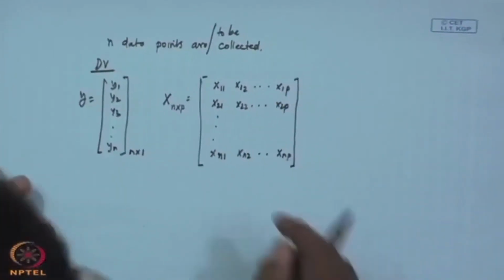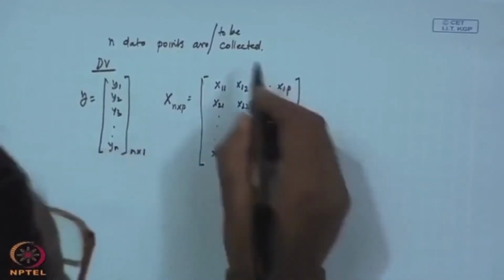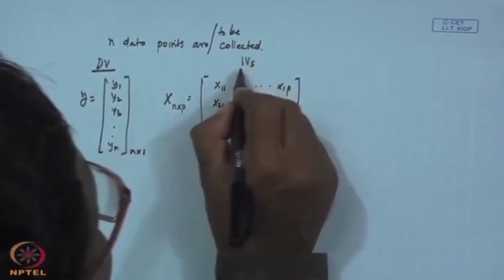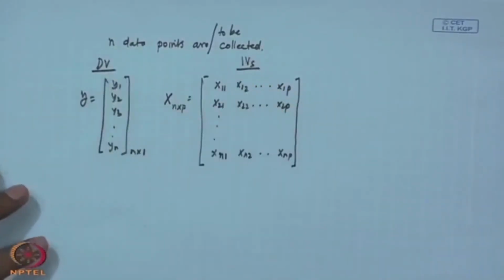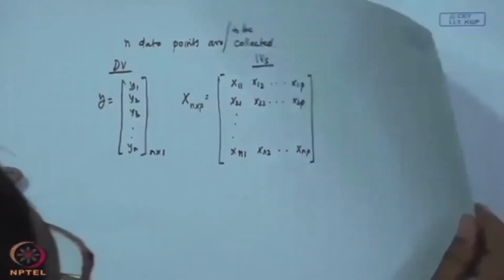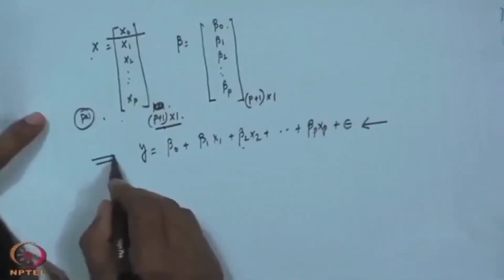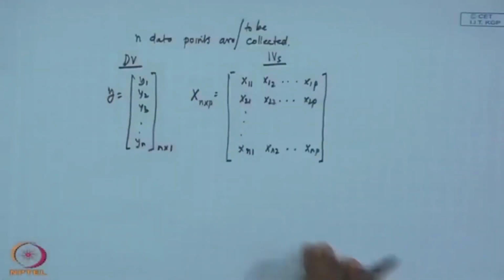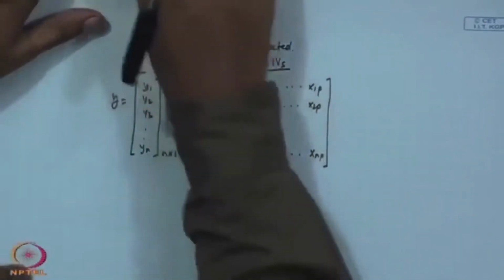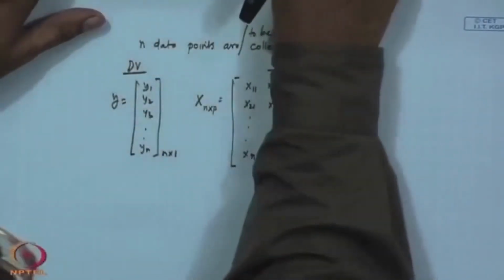So, this is related to the IVs, these two sets of data you will collect. Now, if you use this data set in the equation given here, then for every data point this equation will be true.